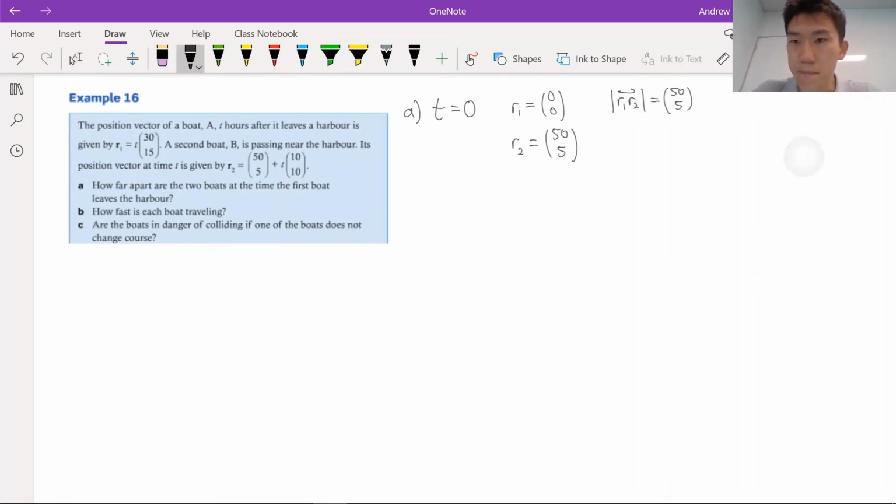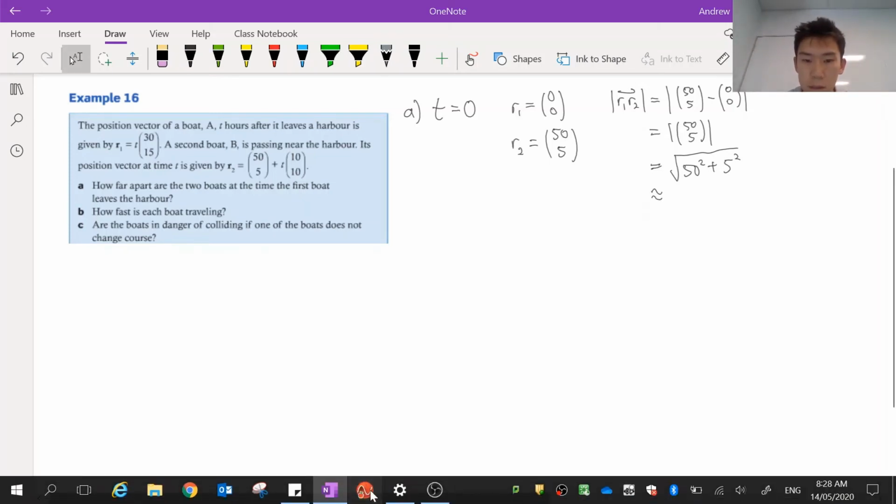Because we want to find the magnitude, oops, no. If I work it out a bit more, so to get our resultant vector, we take away vector R1 from vector R2, which is just 50 and 5, which is the root of 50 squared plus 5 squared, which is approximately equal to, let's get my calculator up.